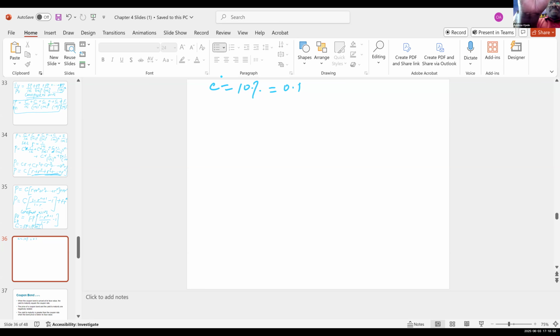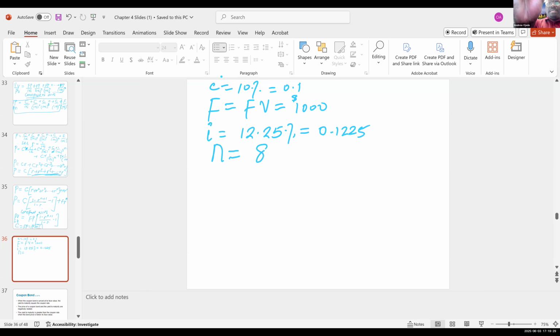The bond has a face value, the same thing as future value, of $1,000. It has an interest rate of 12.25% on this bond investment, which in decimal is 0.1225. And the bond is maturing in 8 years, so N is 8. We have been asked to calculate the price. Remember, the price of a bond is the same thing as present value.